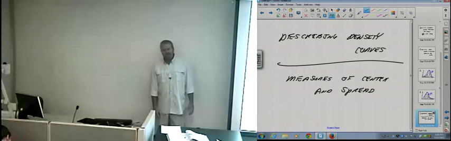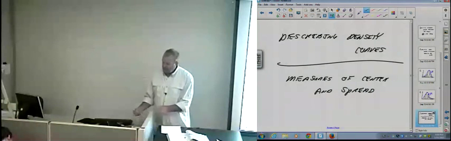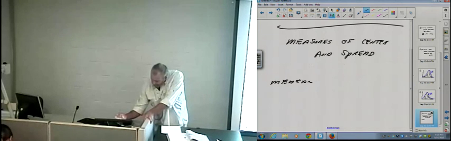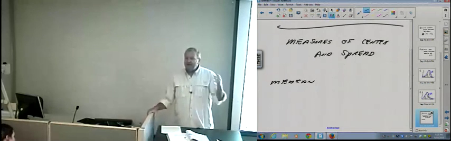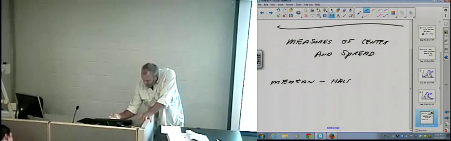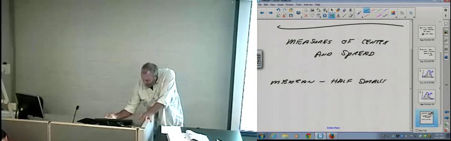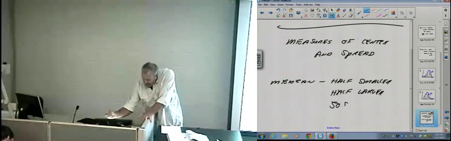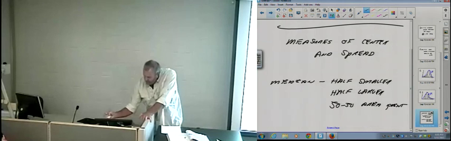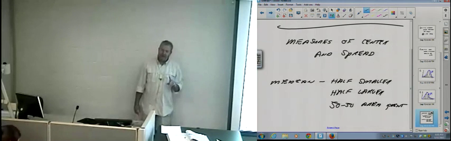A density curve, you can measure center and spread. Okay, let's start with the median. In a histogram, how do we find the median? Half smaller and half larger? Half smaller. Half larger. It's the 50-50 area point. That means half the area is to the left and half of the area is to the right. Half the area is larger than its value, half the area is smaller than its value.